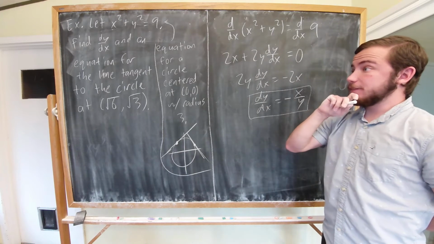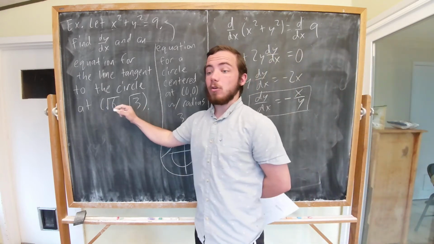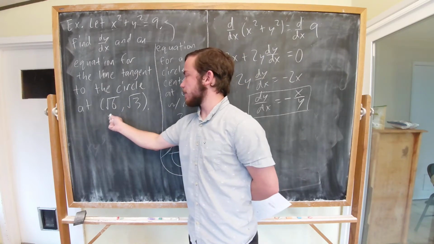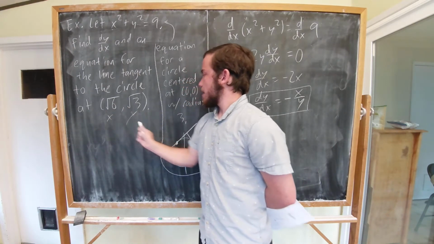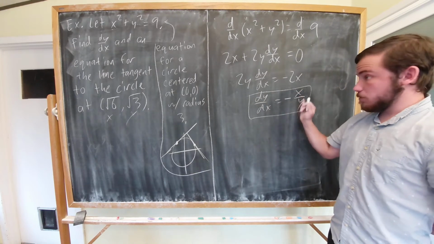Well, I can find the slope by plugging in the proper coordinates. I have an xy pair. My slope depends on both x and y, but I know the x and y.